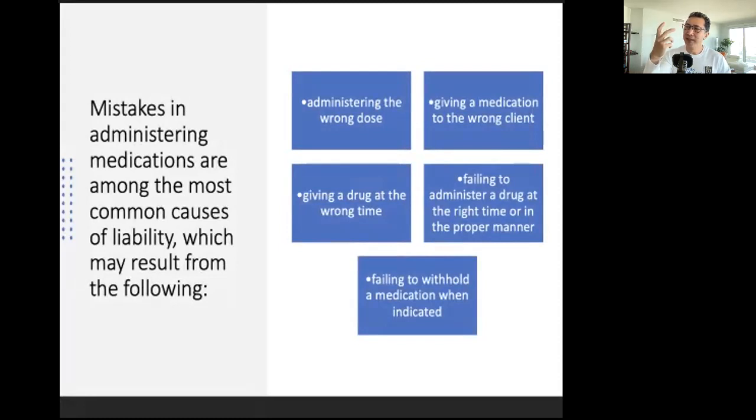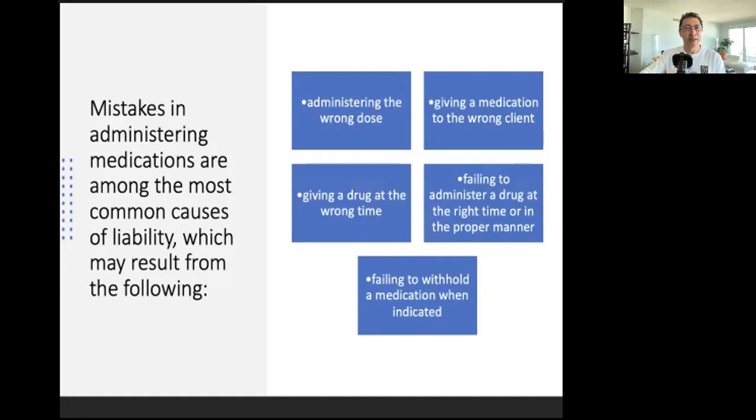Just imagine having air in your blood, and now it's going to travel through your veins and go to your heart. You can get an air embolus in your heart, which can be fatal.